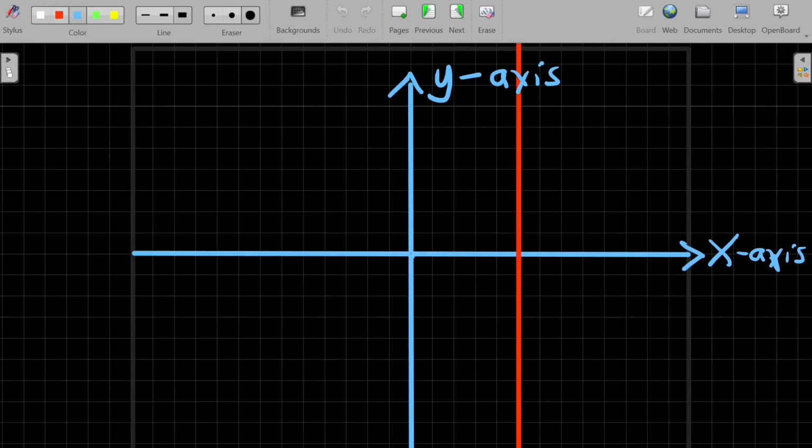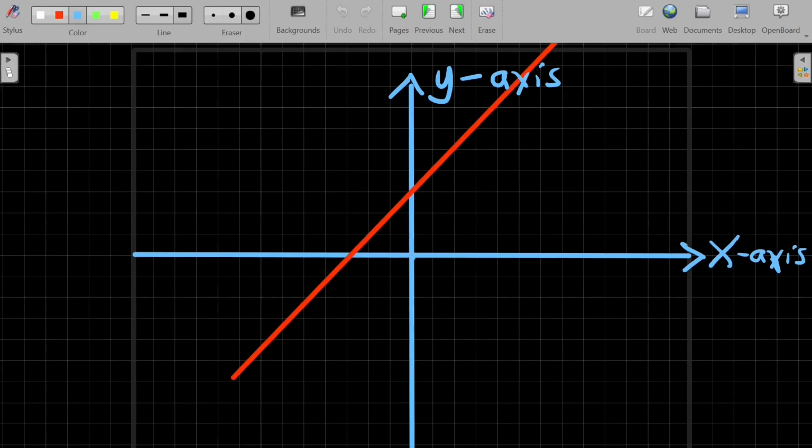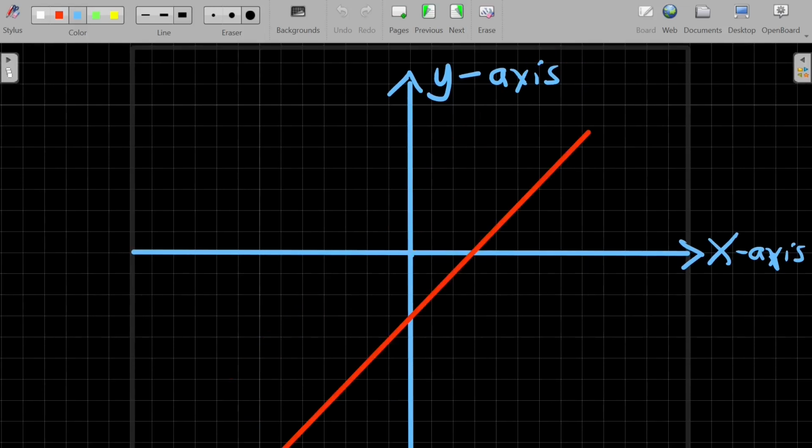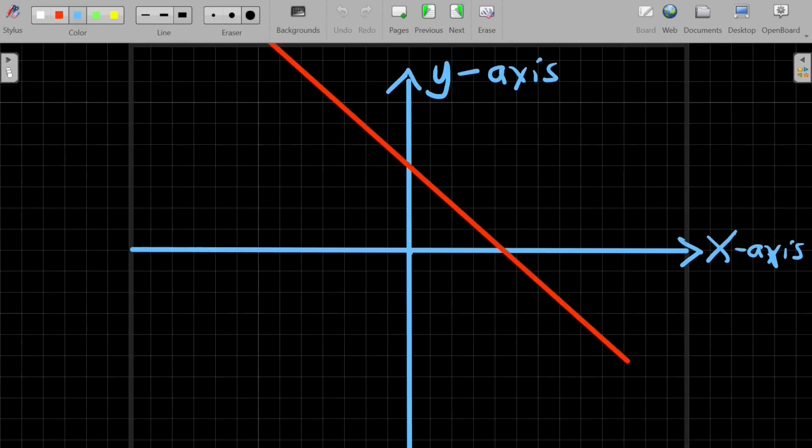They can even be diagonal of any orientation like this, which can also be placed anywhere in the plane like here or here, or they can have a different direction altogether like this, placed anywhere on the plane like here or even here.